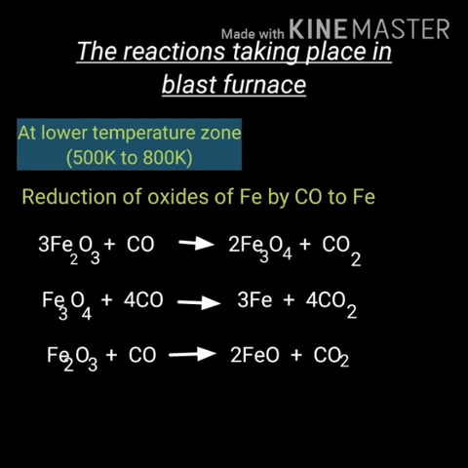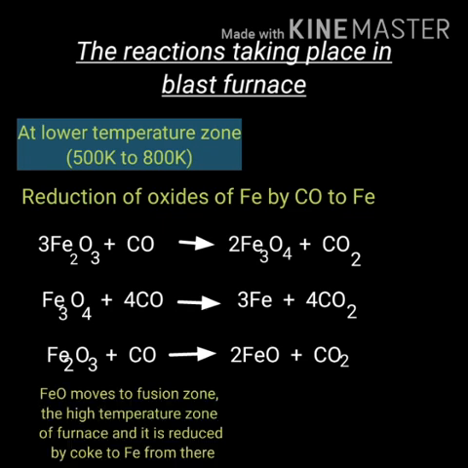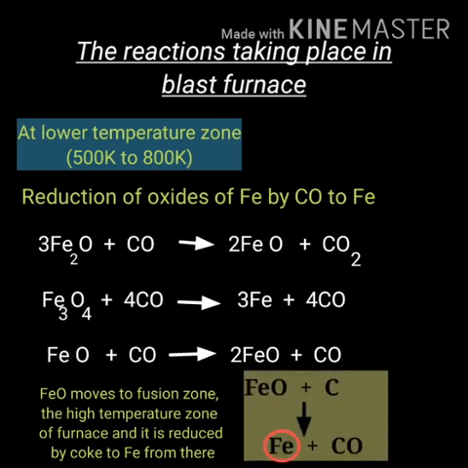Fe2O3 plus carbon monoxide gives ferrous oxide, that is FeO. This moves down slowly to the fusion zone of temperature 1570 Kelvin and it melts. By reaction with the carbon, it gives iron.